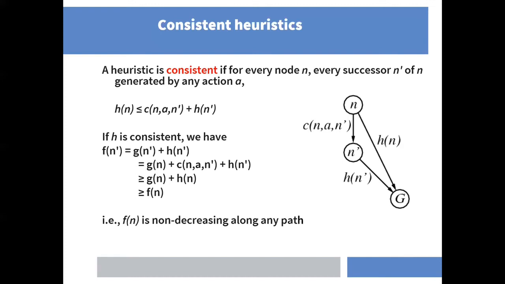So a shorter version of that is here: h(n) is less than or equal to c(n, a, n'), the step cost from n to n', plus h(n'), the heuristic function from n' to the goal state.